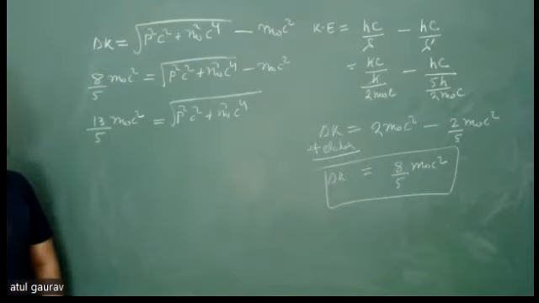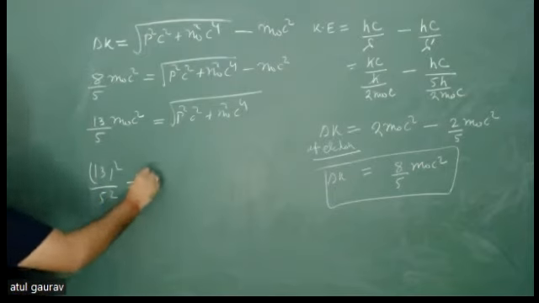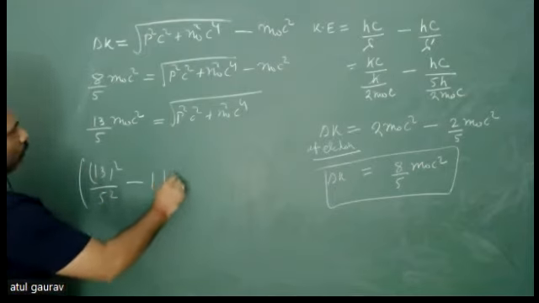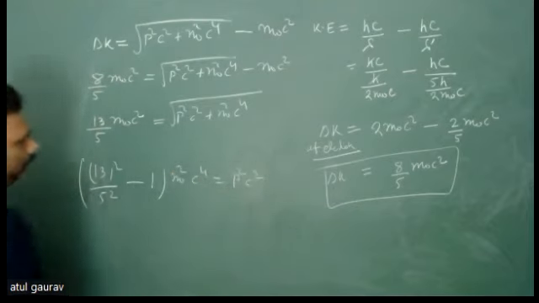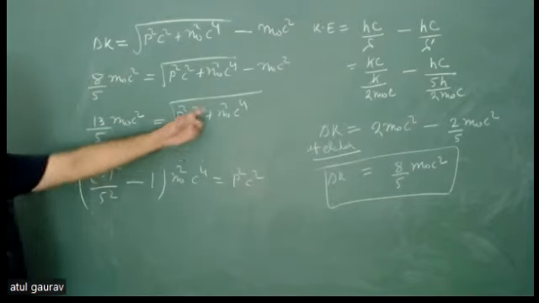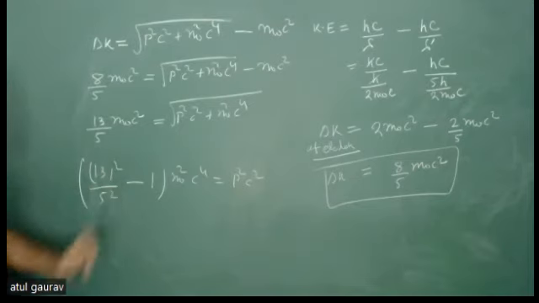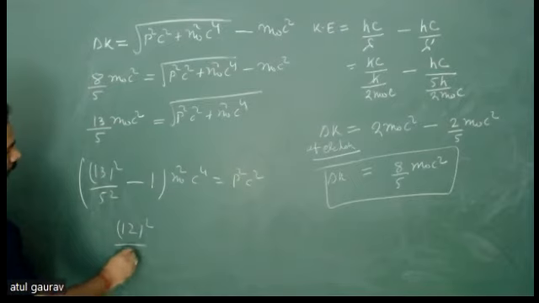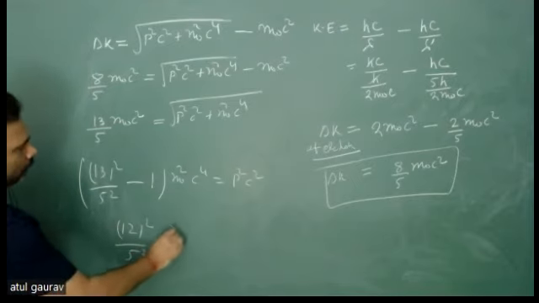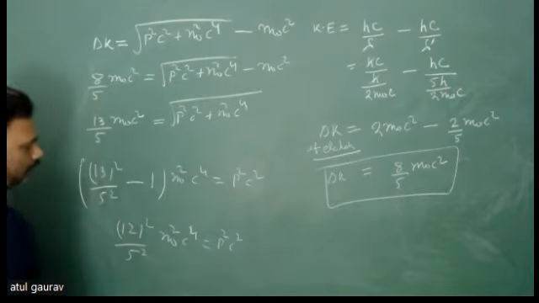So that is 13 square by 5 square minus 1 into m naught square c4 is equal to P square c square. सही लिखा हूं ना? इसको इधर ले लिया, ऐसा जानबूझकर लिखा है. Pythagoras law, remember? 13 square minus 5 square is 12 square by 5 square m naught square c4 is equal to P square c square.